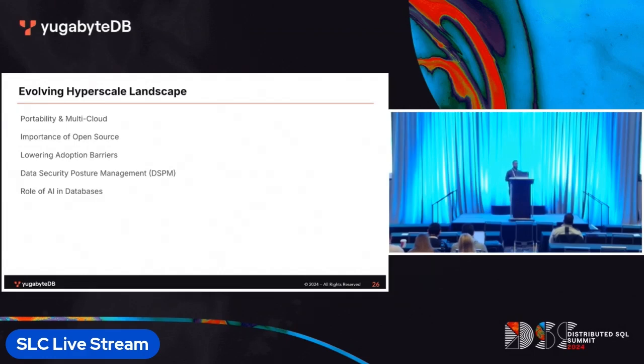I think what Yugabyte and YugabyteDB are doing in terms of facilitating and lowering the barriers to bring workloads onto Yugabyte are very critical, and kind of make it easier.